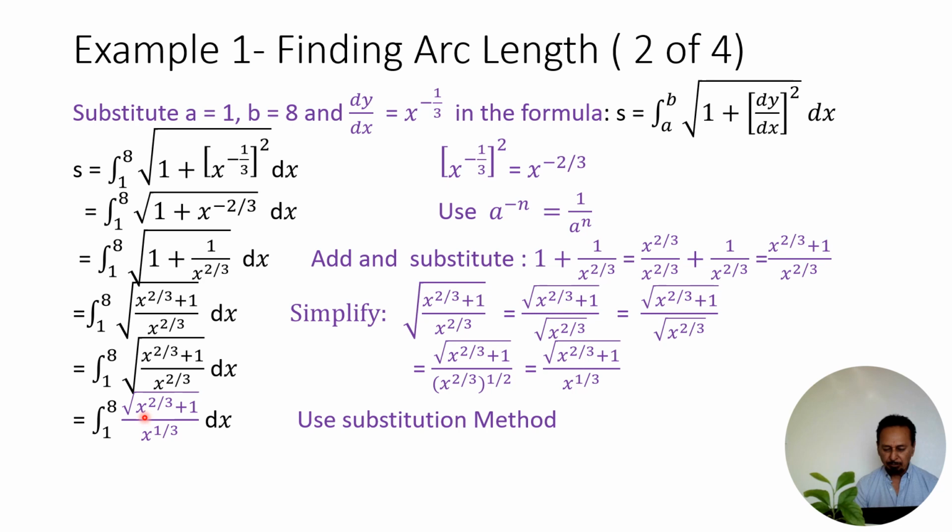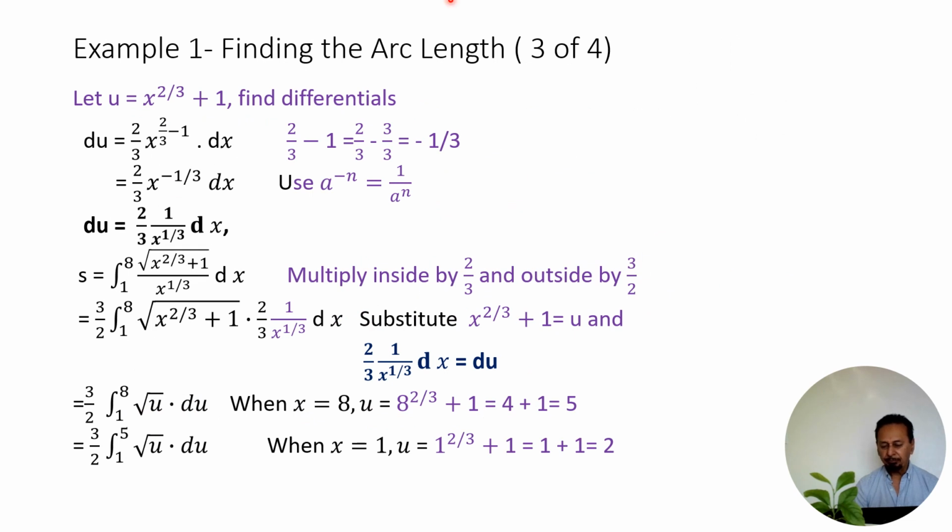We're going to choose u as the more complex part of this. We can let u equal x to the 2/3 plus 1. Now I find the differential. So u becomes du, and here we bring the power down, 2/3, subtract 1, so x to the 2/3 minus 1.